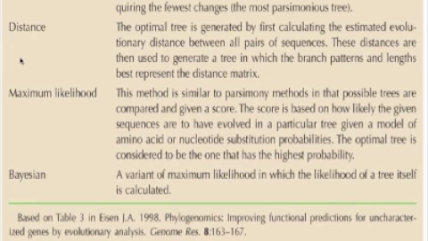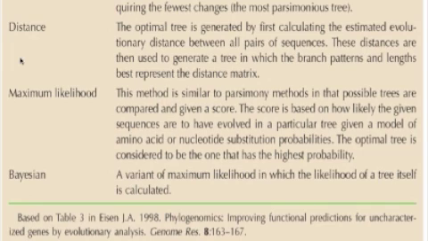Bayesian methods are very similar to likelihood methods, but they use a different type of statistical approach where you're actually trying to calculate the probability of the data and the tree itself together. But they're the same concept. And all three of them are basically the same idea. You test different trees and you give them scores and you pick the best one.